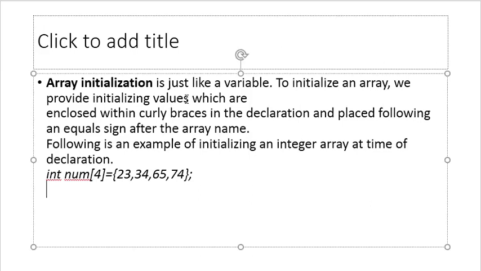Provide initializing values enclosed in curly braces in the declaration, placed following an equal sign after the array name, as the equal sign is placed here between the name of the array and the values. So this is the way you will write and assign values to an array.